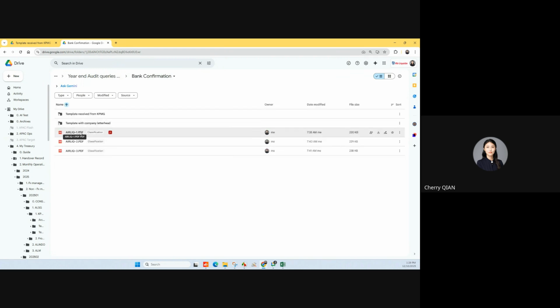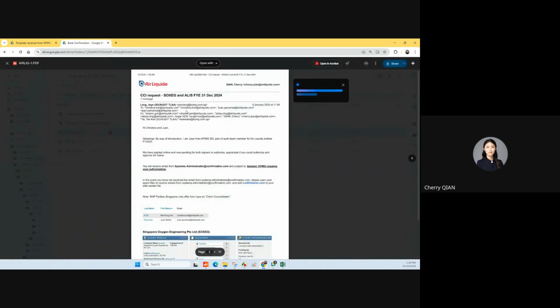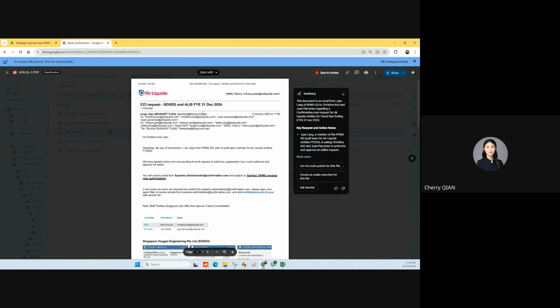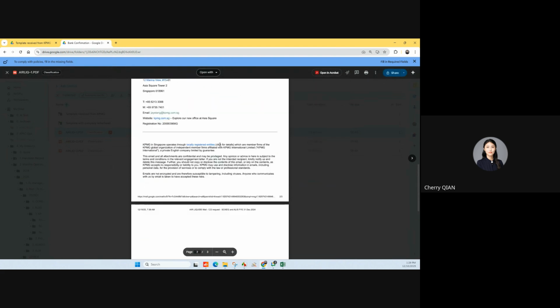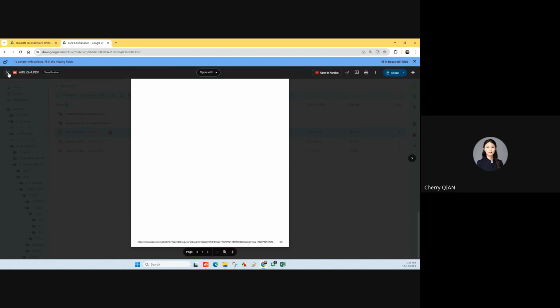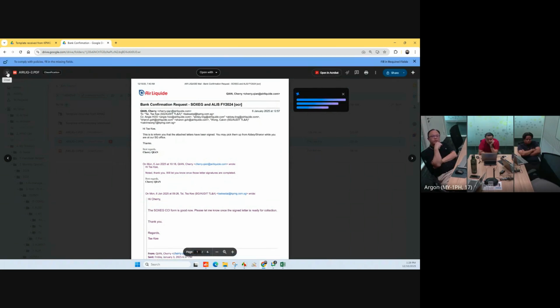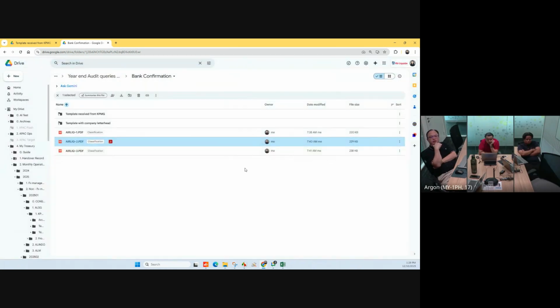It's all the emails the auditors sent, so you can refer to all the emails. Okay. Then a question: for Singapore in particular, the bank confirmation needs to be wedding?